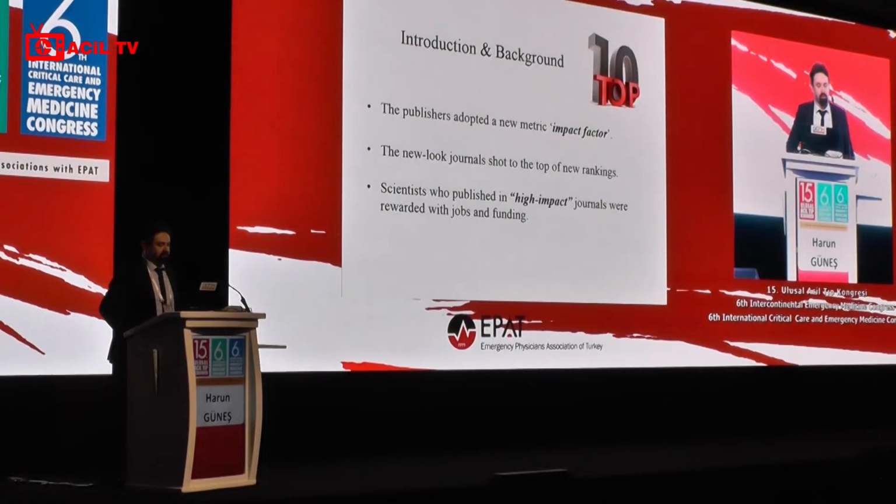Then the publishers adopted a new metric called impact factor. It was actually invented in the 1960s. The new-look journals shot to the top of the rankings, and scientists who published in high impact journals were rewarded with jobs and funding.